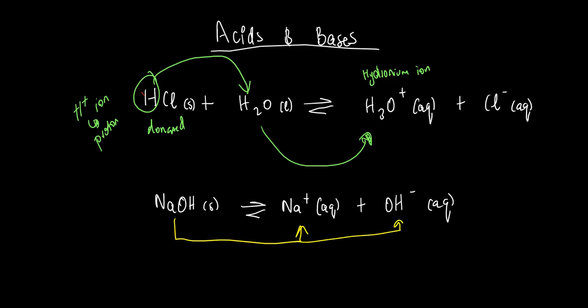It splits into two, and as it splits, it forms OH minus. Because it forms OH minus, we call it a base, because according to Arrhenius, anything that produces a hydroxide ion, by the way this is called a hydroxide ion, we call it a base.